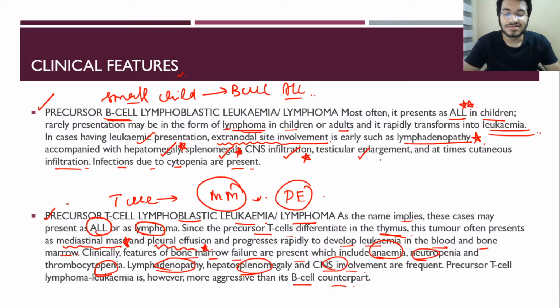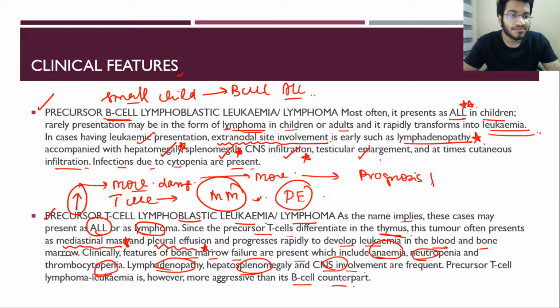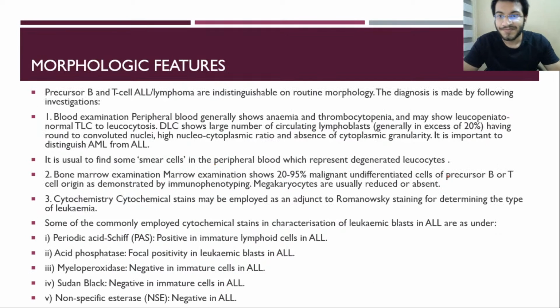So the precursor T cell ALL is more damaging, more aggressive, and thus the prognosis will be poor, right? Poor prognosis. Then morphological features.